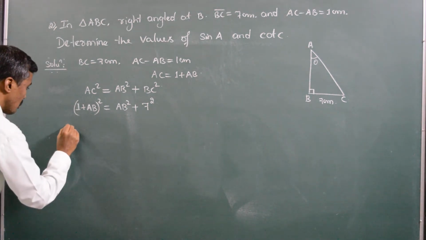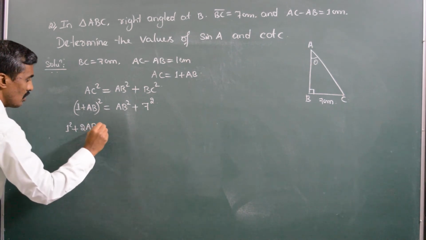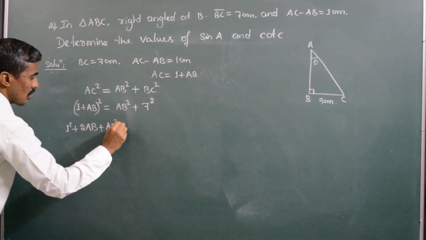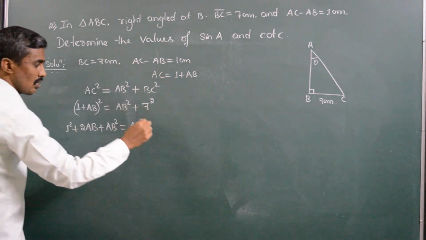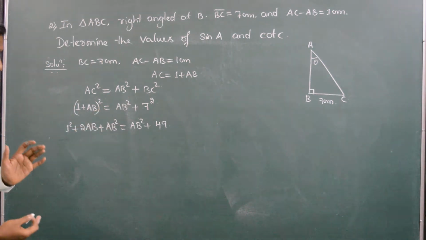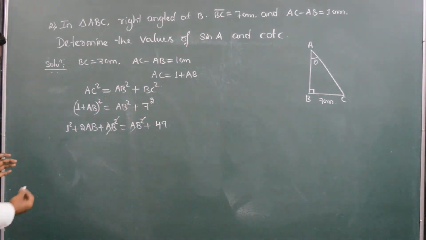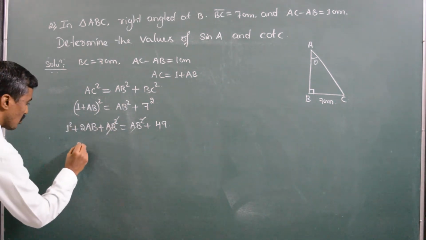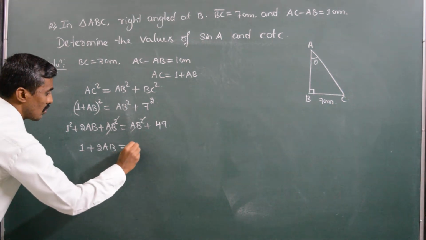Therefore it becomes 1 square plus 2 into 1 into AB, that is 2AB, plus AB square, equal to the right hand side AB square plus 7 square. What is 7 square? It is 49. On either side of the equation we have a common term, AB square, that we can cancel. So for the rest of the terms, 1 square is 1, so 1 plus 2AB is equal to 49.